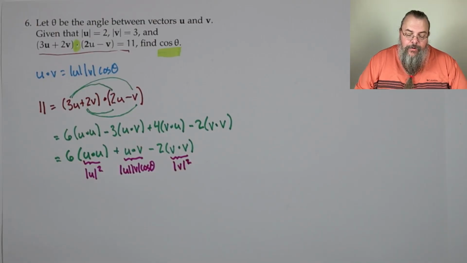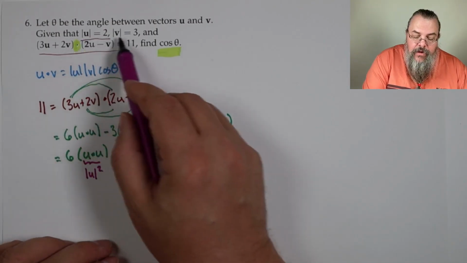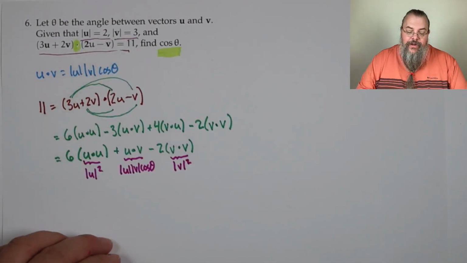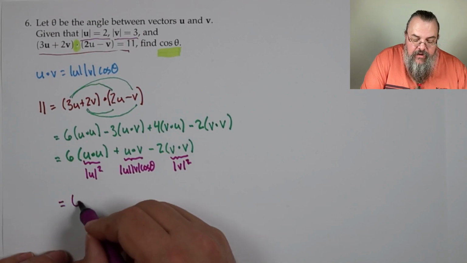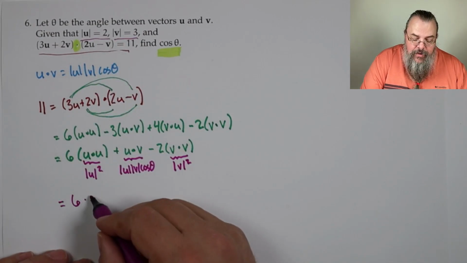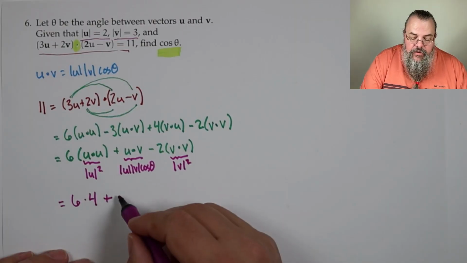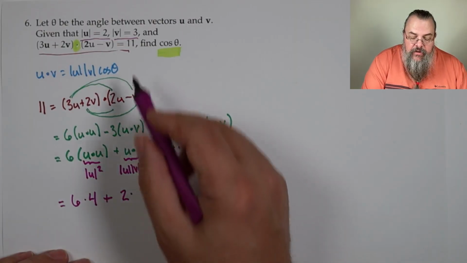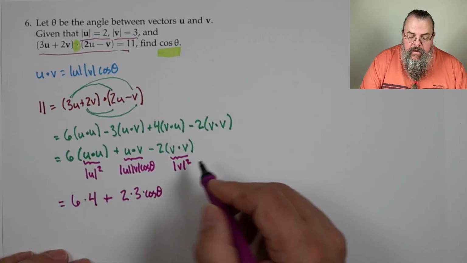Now, we know some of these things. We know the magnitude of u, and we know the magnitude of v. So let's put those in. We have 6 times magnitude of u squared, that's 2 squared, which makes 4. So 6 times 4, plus magnitude of u is 2, magnitude of v is 3, and we have cosine theta.